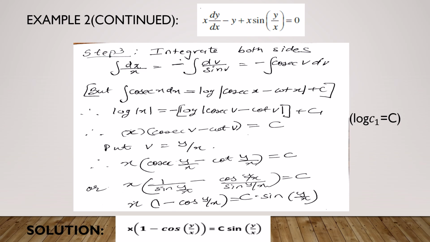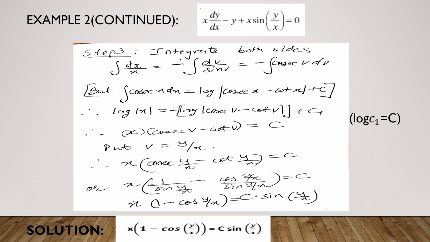So have integral dx upon x is equal to minus of integral dv upon sine v, which is minus integral cosec v dv. You know integral of cosec x dx is log mod cosec x minus cot x plus c. So we can write log mod x is equal to minus of log mod cosec v minus cot v plus some c1.